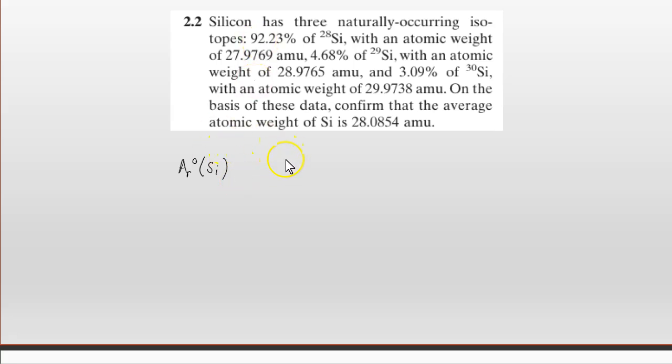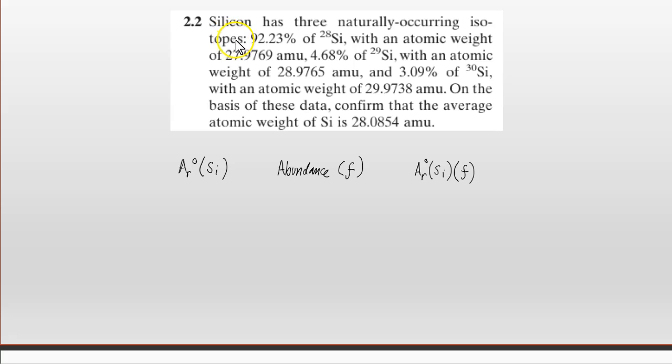And here we can put the abundance. I'll give that the symbol F. I want to now multiply those two quantities, and I'm going to add them to give a weighted sum. So let's do this.